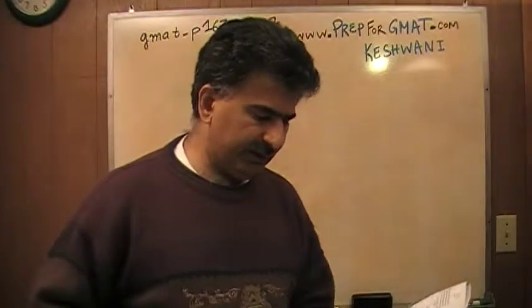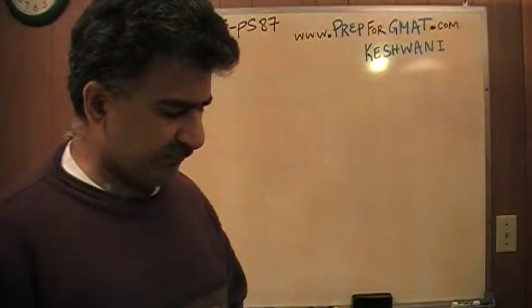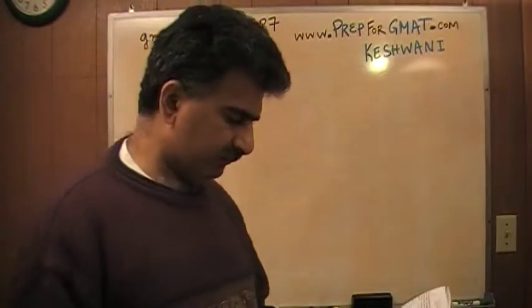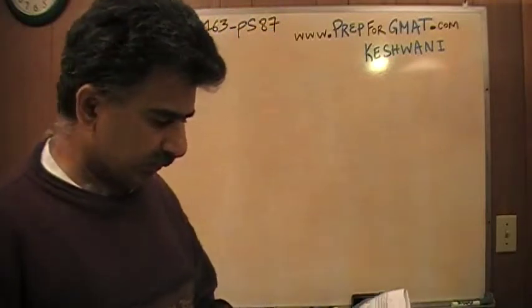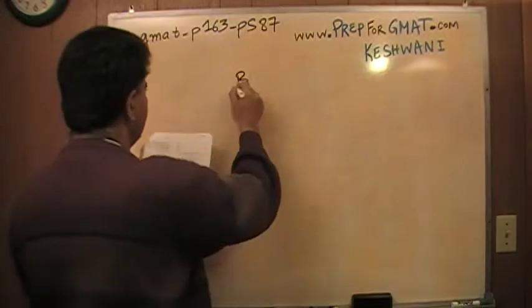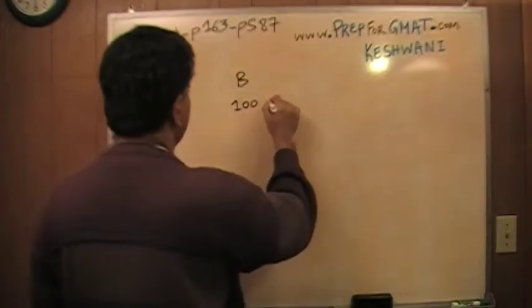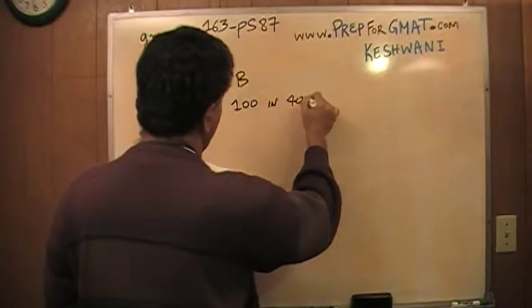87. It says machine A produces 100 parts twice as fast as does machine B. Let's see what machine B does first. Machine B, we are told, produces 100 parts in 40 minutes.